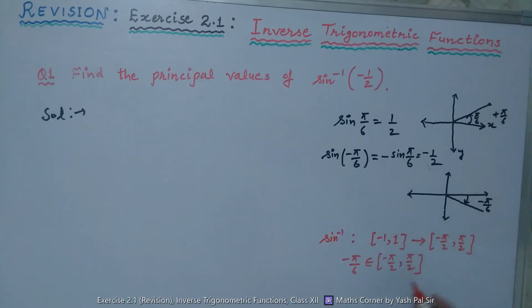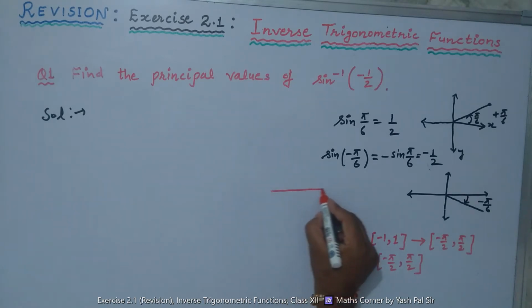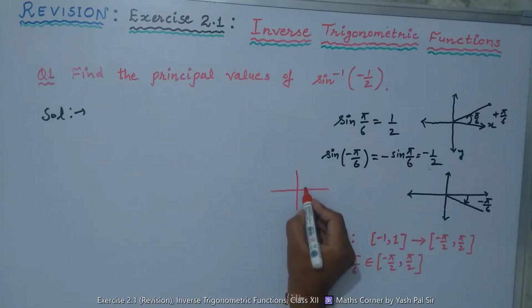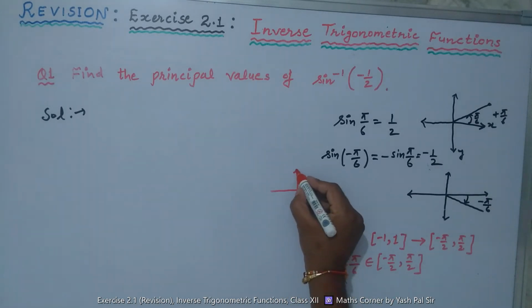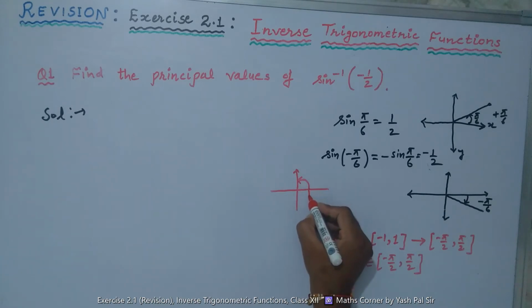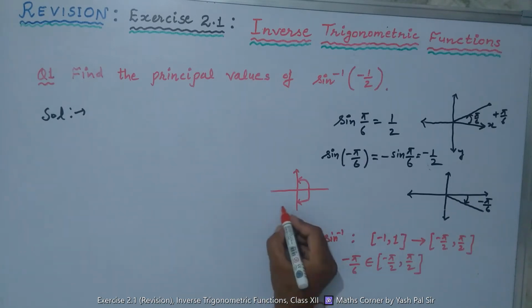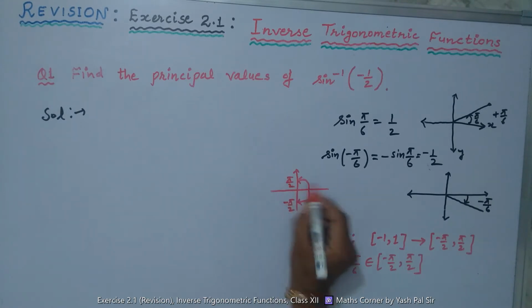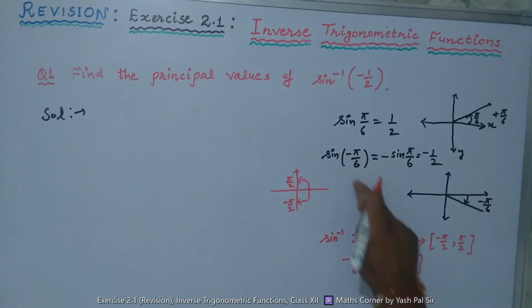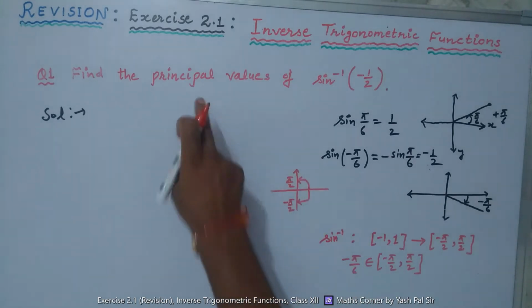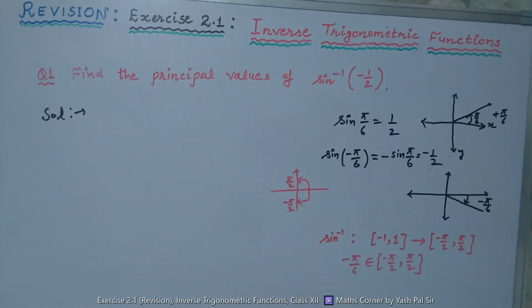So what should the range be? The range is up to here plus pi by 2, and up to here minus pi by 2. So any angle in between this range we can take as the principal value of the given function. So here minus pi by 6 belongs to minus pi by 2 to plus pi by 2.